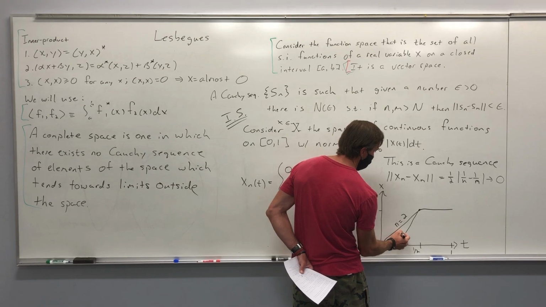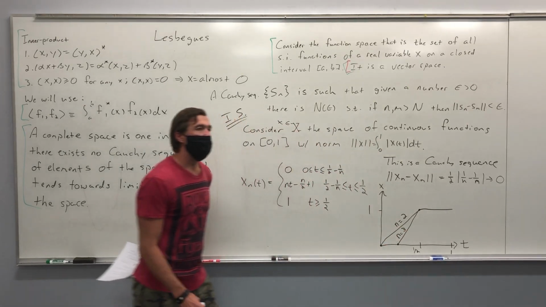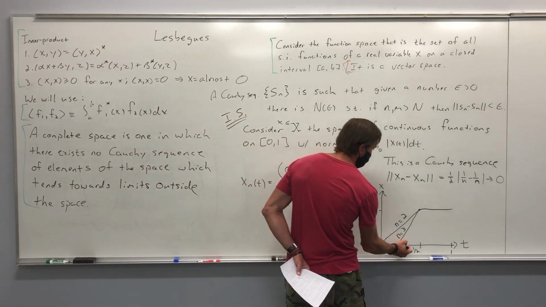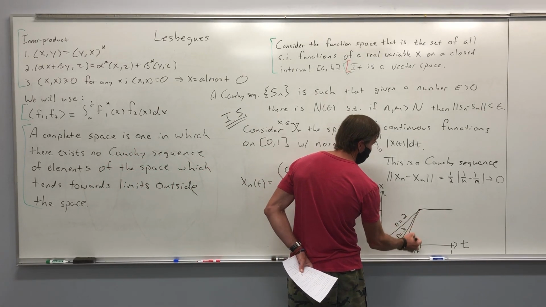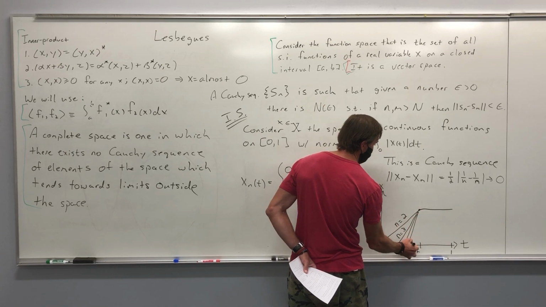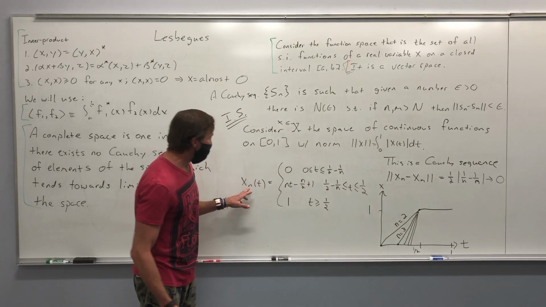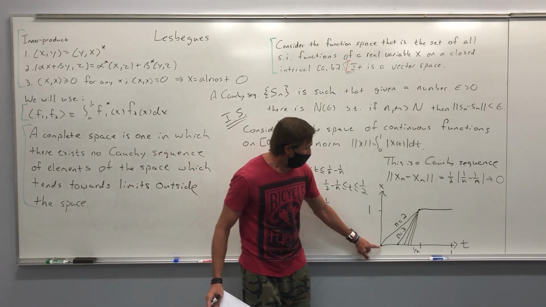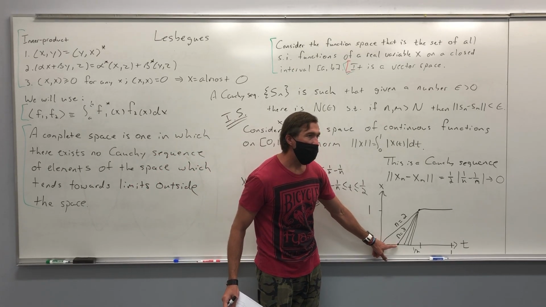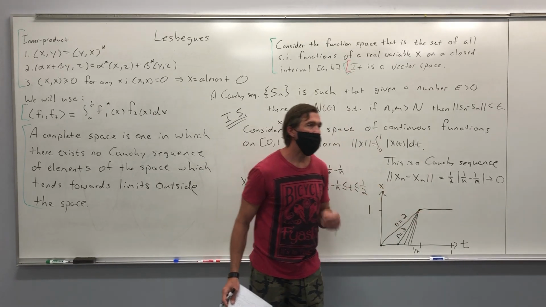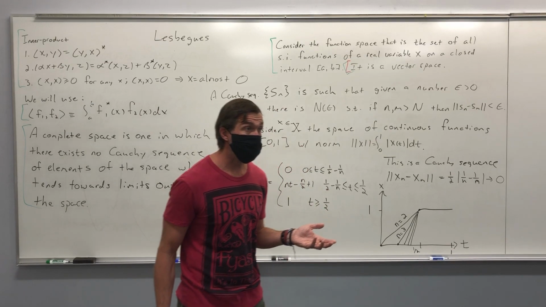And I'm not doing these super accurately. I just hope it is fairly intuitive what this is giving us. Okay? So for the various values of the index n, you go along the 0, and then you cross up to this point, and then you go horizontal. These are all continuous functions, right?